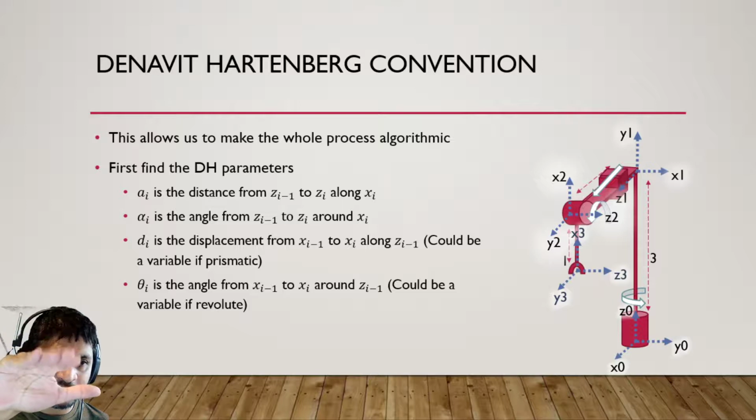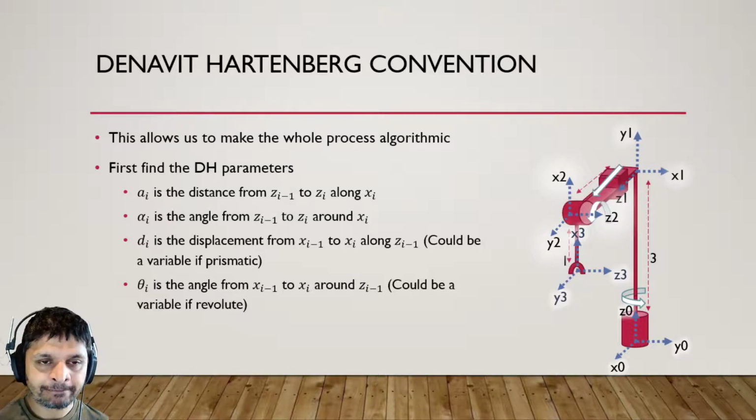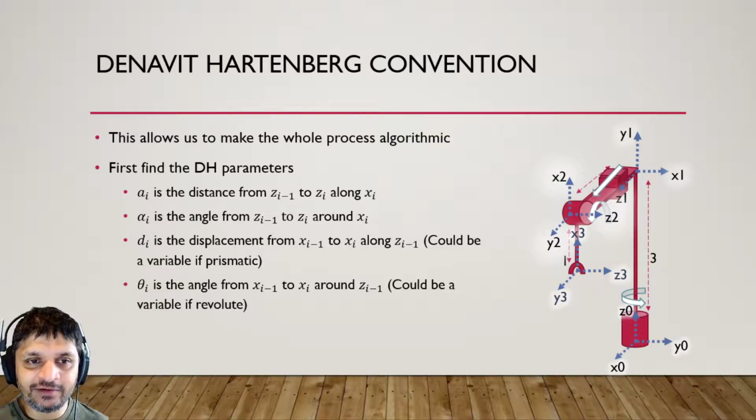So what I need to do is rotate by 90 degrees around x, right? Does that make sense? So my alpha i would be 90 degrees.